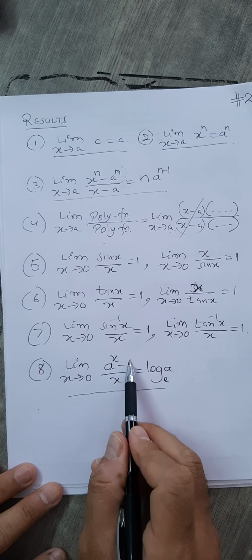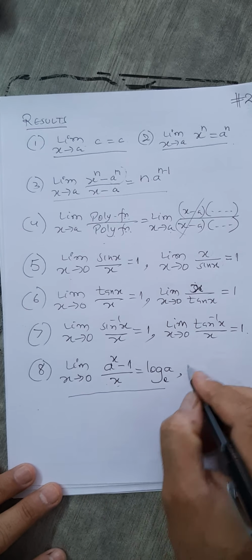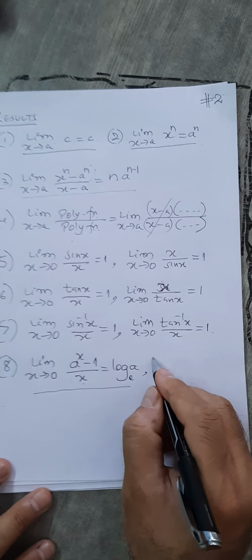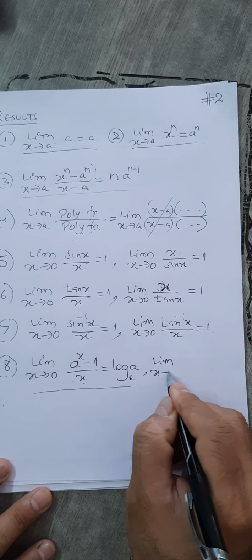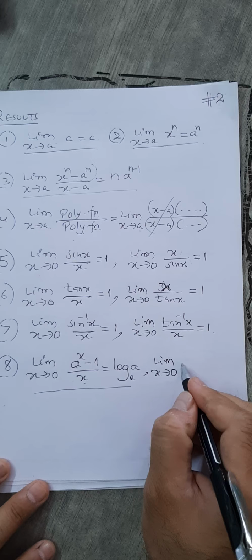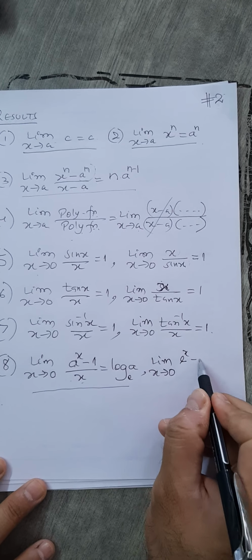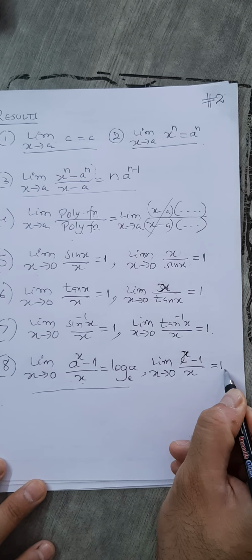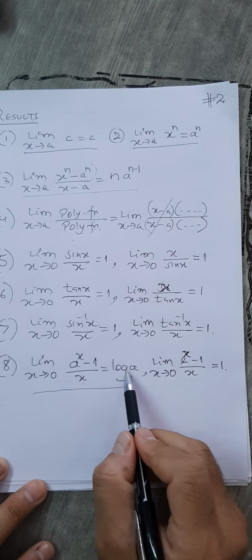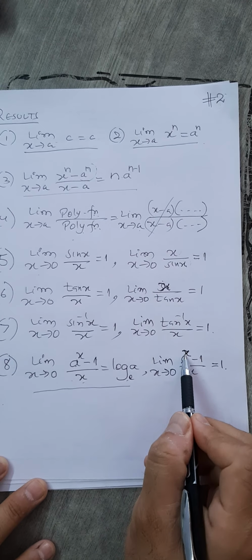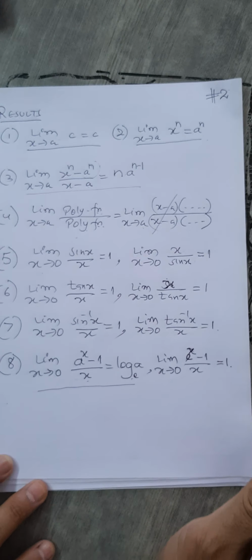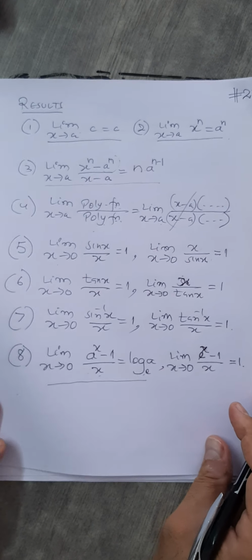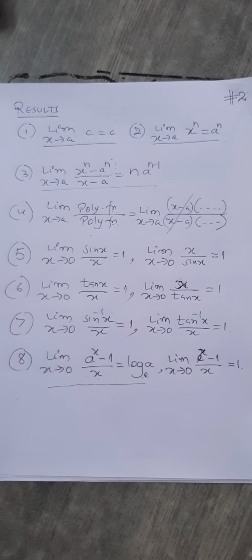From this, we had this formula: limit x tends to 0 of (e raised to x minus 1) upon x is just 1, because here it is log e to the base e, which you know is 1. We did this in 11th. So these are some formulas from limits, you know these formulas. Okay.